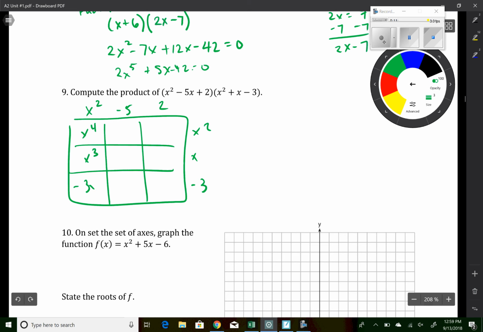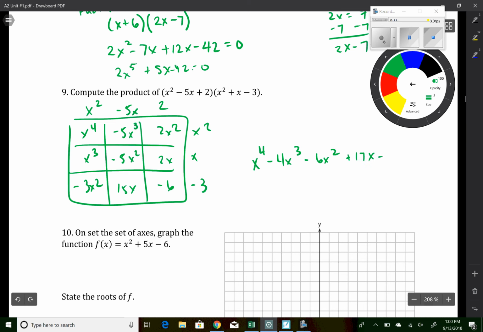And 5x squared, 15x, 2x squared, 2x, and negative 6. Combined up those like terms, x to the 4th, so this is a quartic polynomial, minus 4x to the 3rd. I have negative 6x squareds, 17x's, and minus 6.